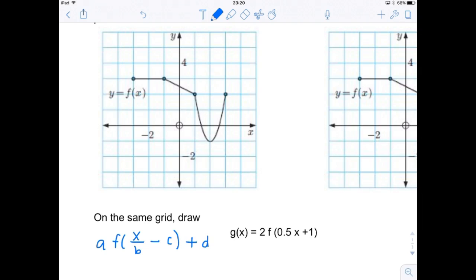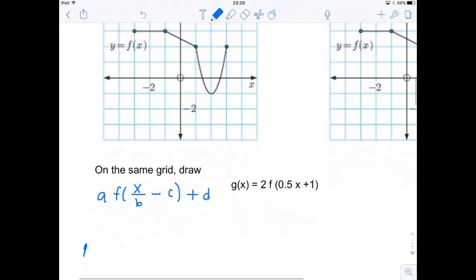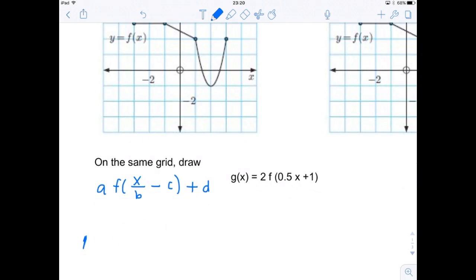Okay, if I put it in this form, then I can easily see what each element does, and you're going to have to figure out your own way of memorizing the role of each one of these.